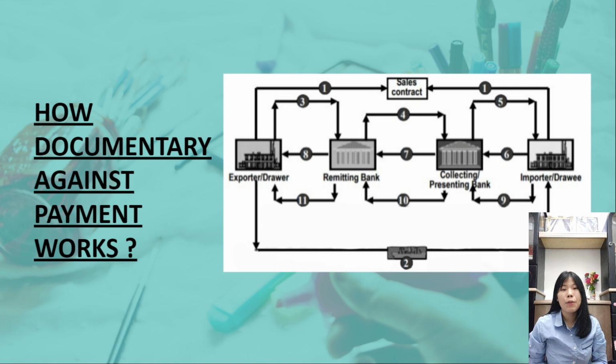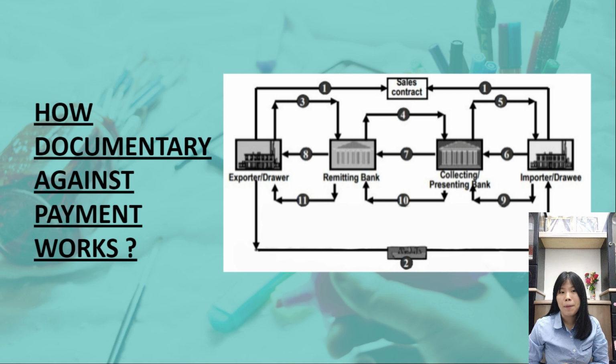Actually, the previous 4 steps are the same as documents against payment. While in step 5, the collecting bank will present the usance bill of exchange to the importer. And then in step 6, the importer will sign on the bill of exchange to indicate that the importer has already accepted.